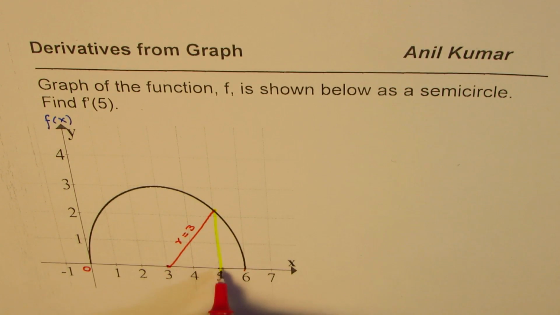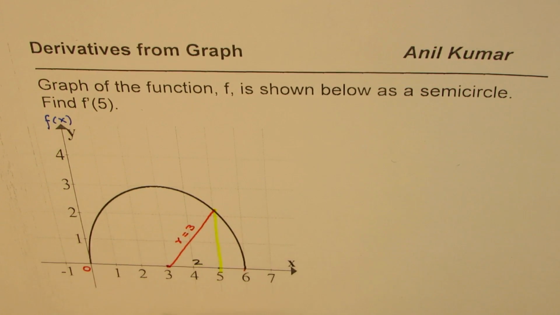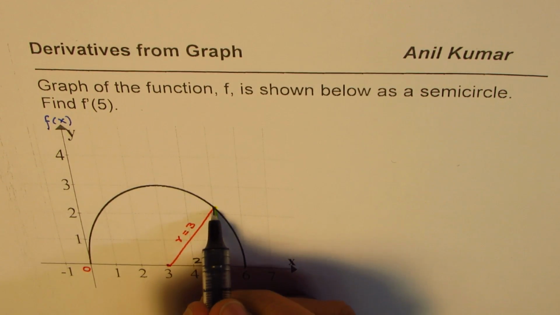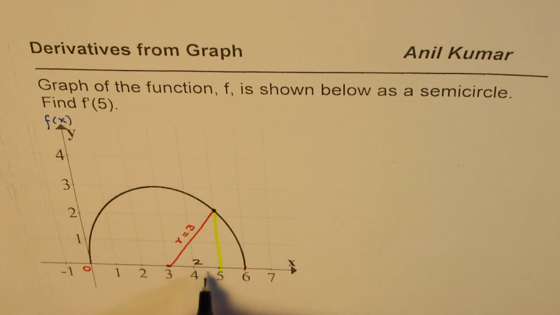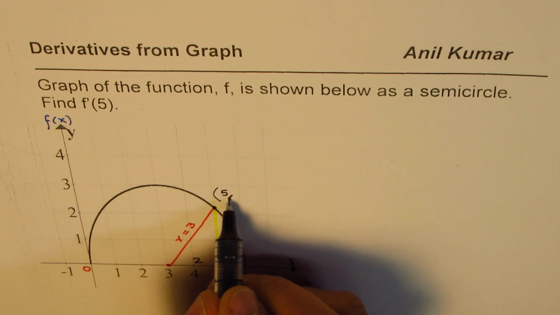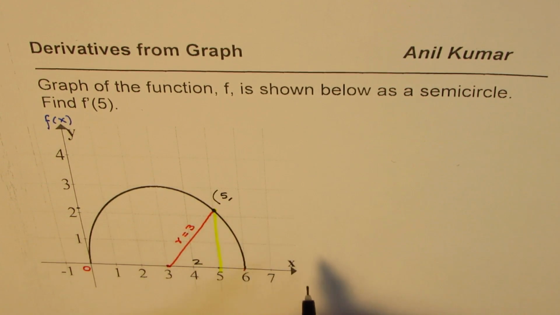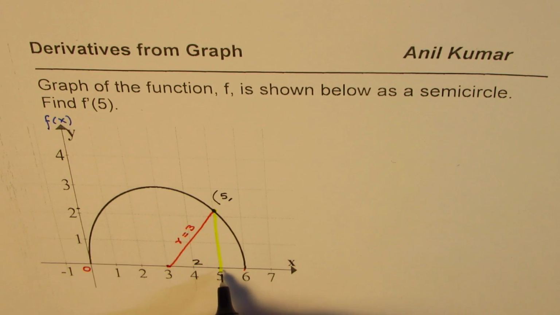We know from 3 to 5, this horizontal distance, is 2 units. The radius is 3. Then we can find the x and y coordinates of this point. The x coordinate is 5, right? So the x coordinate is 5. And the y coordinate is actually the height, slightly more than 2, right? To find that, we can use the Pythagorean theorem, right?